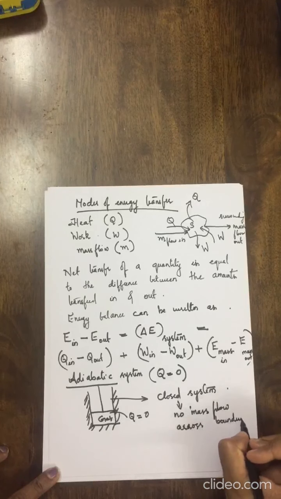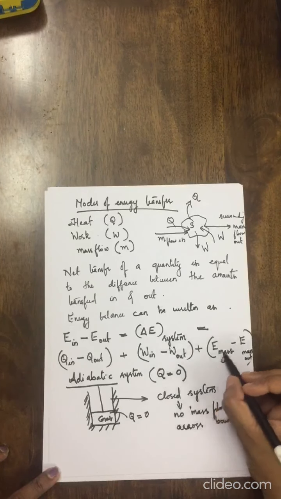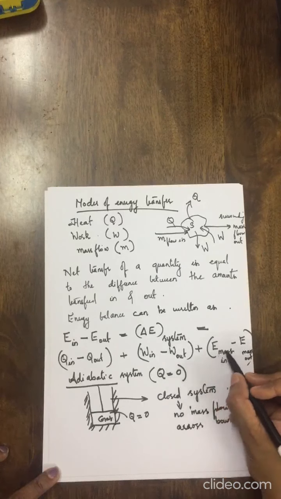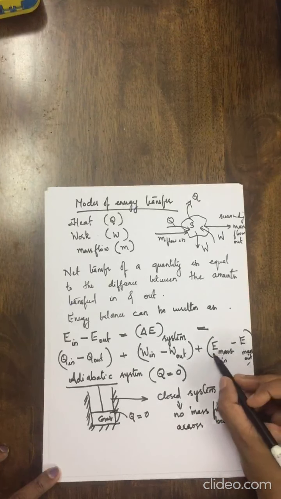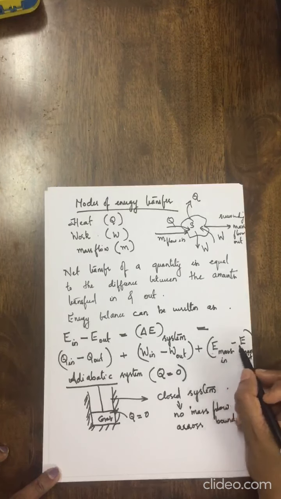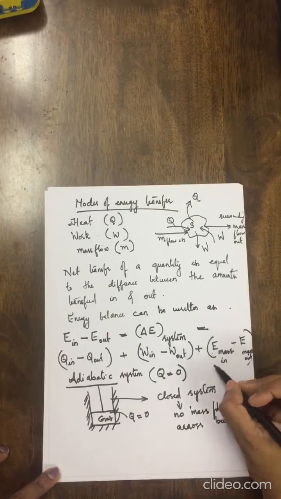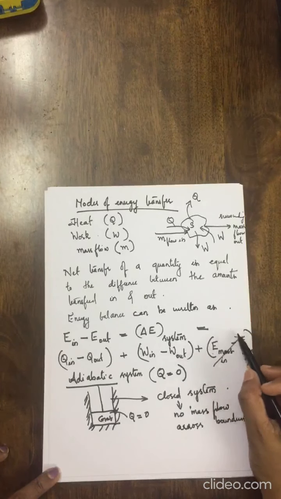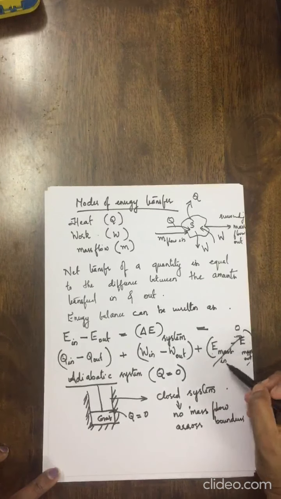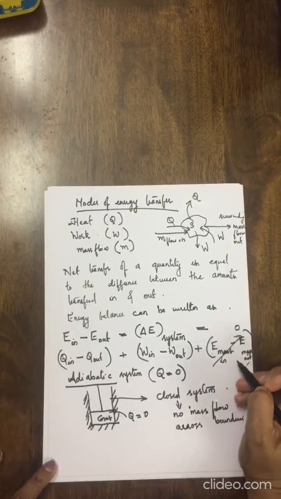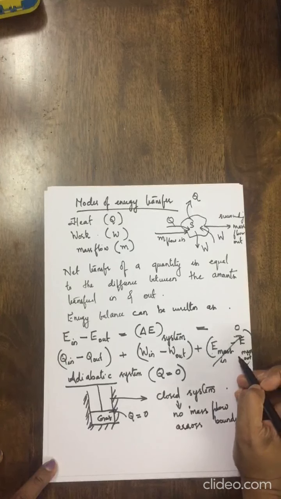In that case, the third term is 0. That is, there is no mass in and mass out, so no energy in along with the mass and no energy out along with the mass. So this term becomes equal to 0 in that case, E in minus E out along with the mass becomes equal to 0.